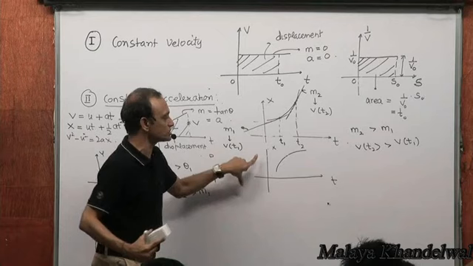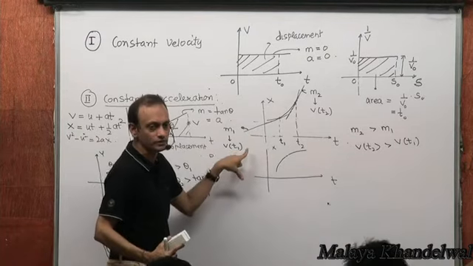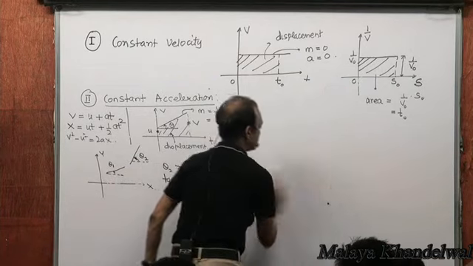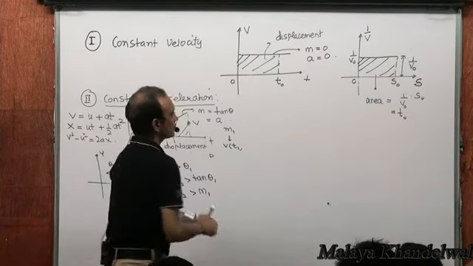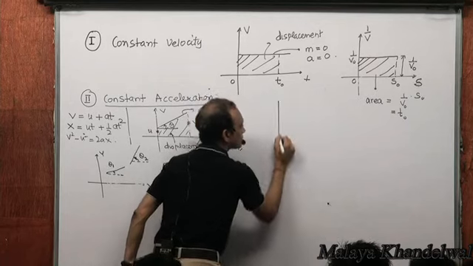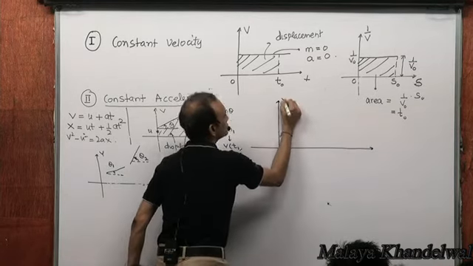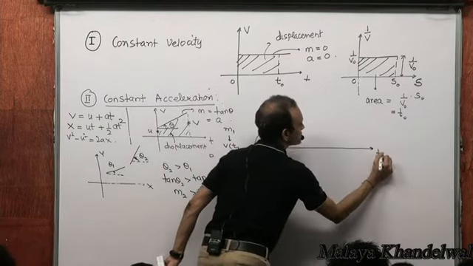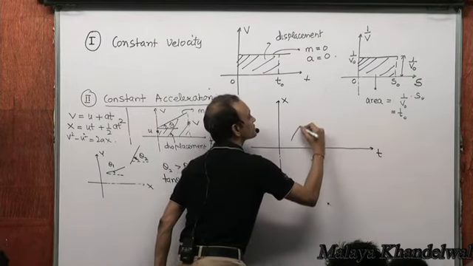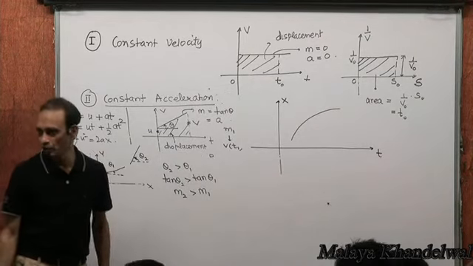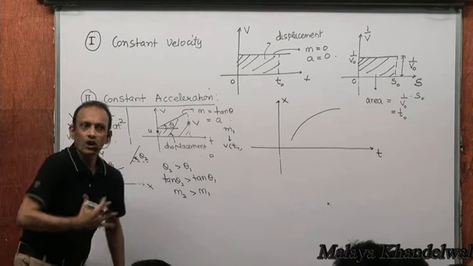Now let's explore this. Can I just remove the clutter from here? If I had displacement time which looked like this, which is also a parabola, a case of constant acceleration.